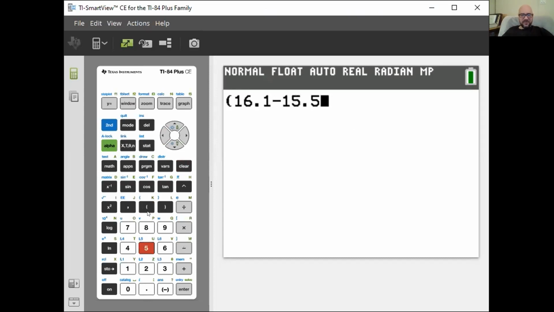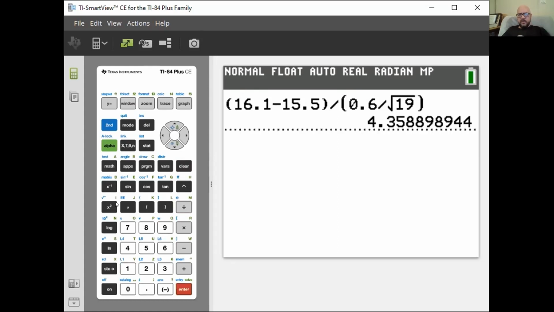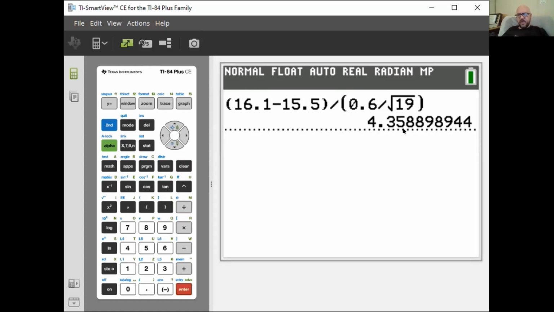Typo-filled video here. 15.5 divided by, here's where the parentheses are really important. 0.6 divided by the square root of 19. And this is my t-score. This comes out to 4.359. Maybe 4.36 would be fine. I'll go 4.36. Okay, so let's write that down.